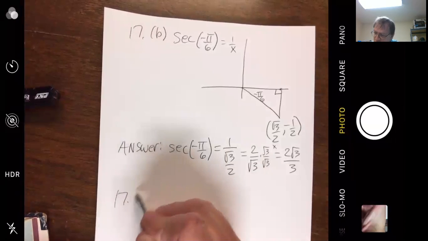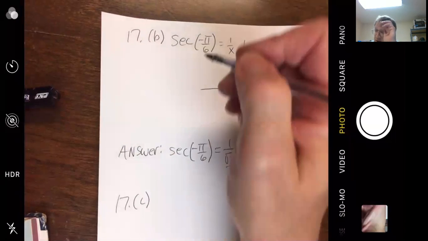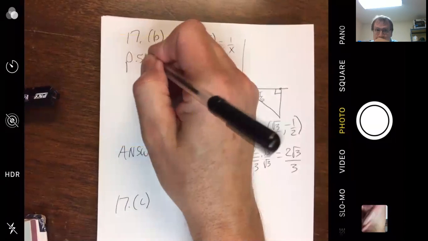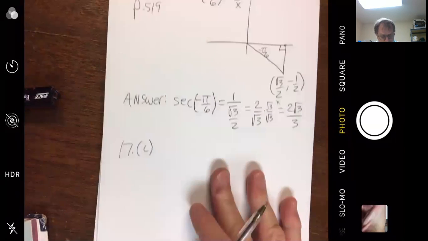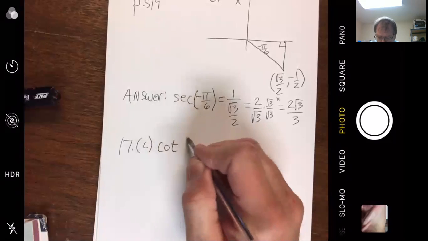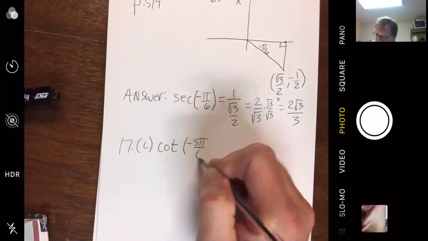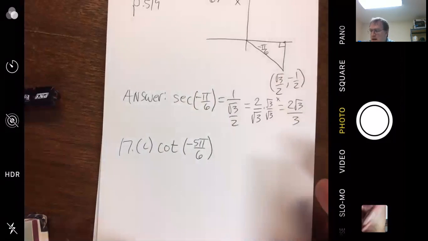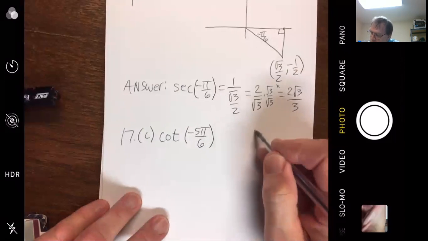About 17 part C, and we're on page 519 here for this. A cotangent of negative 5 pi over 6. All right.